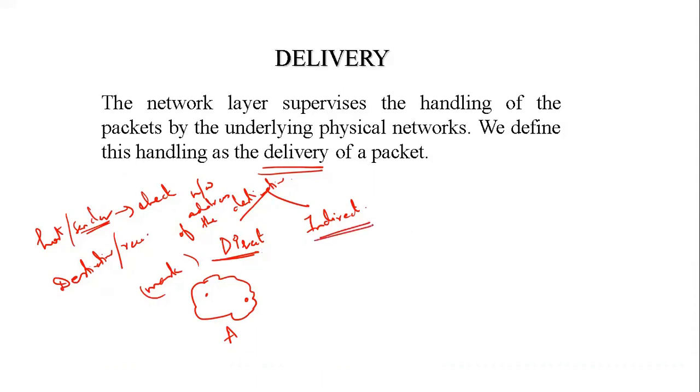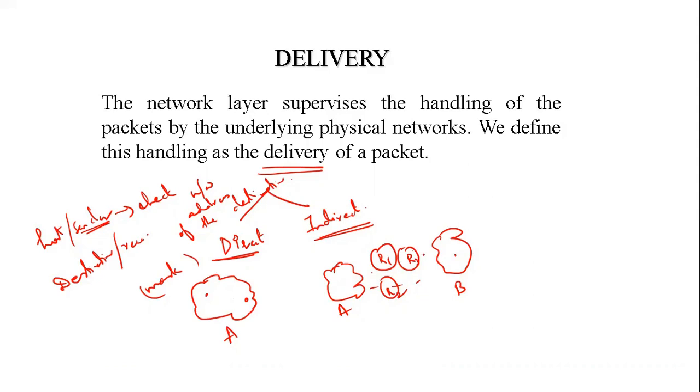Now, in the case of indirect delivery, suppose you have your sender in A and the receiver in B, and these are connected by different routers. So we have R1 here, R2, and R3. Basically, we have routers in between the networks to communicate. If the destination is not on the same network as the deliverer or the sender, the packet is delivered indirectly.